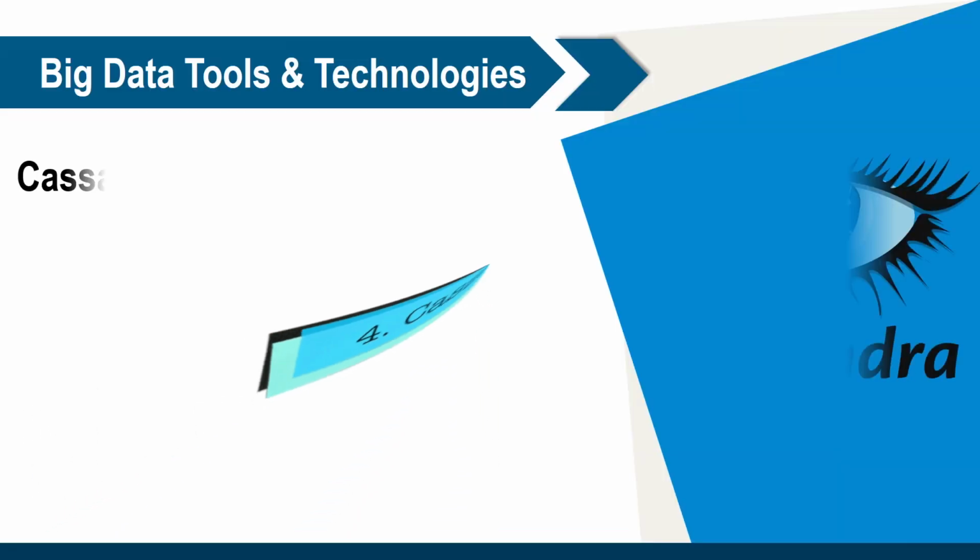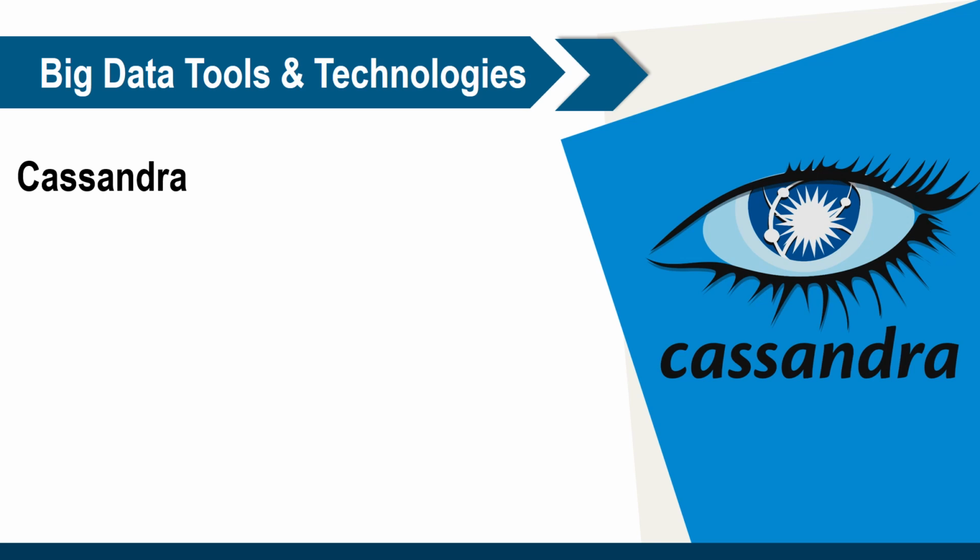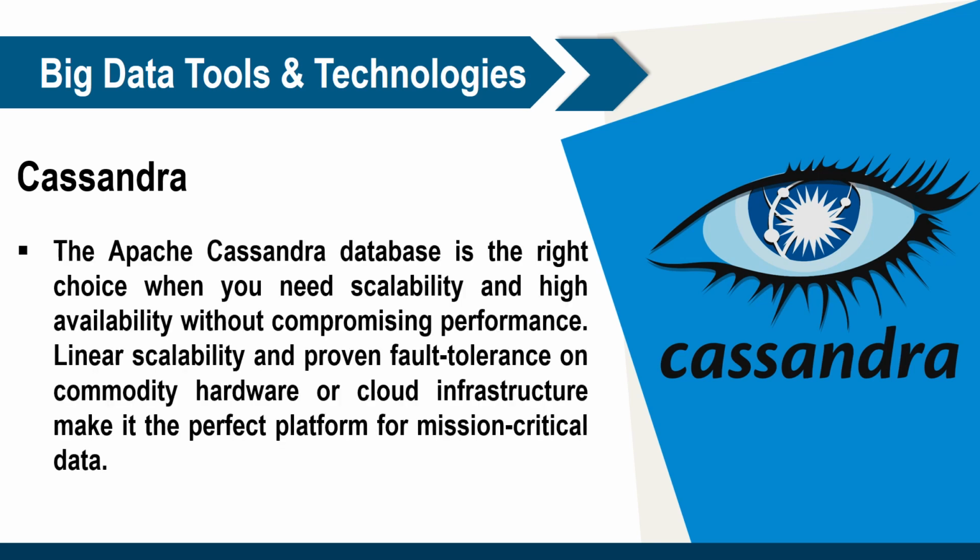Next 3 tools are Cassandra. This is again from Apache. This is a database, the right choice when you need scalability and high availability without compromising performance. Linear scalability and proven fault tolerance on commodity hardware or cloud infrastructure make it the perfect choice.